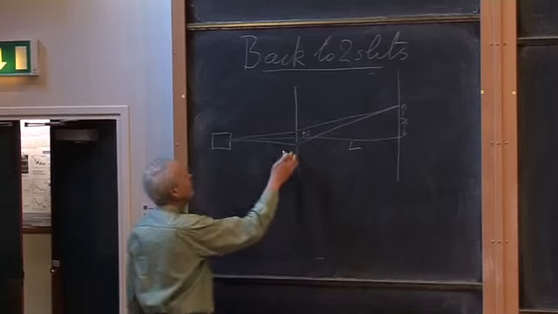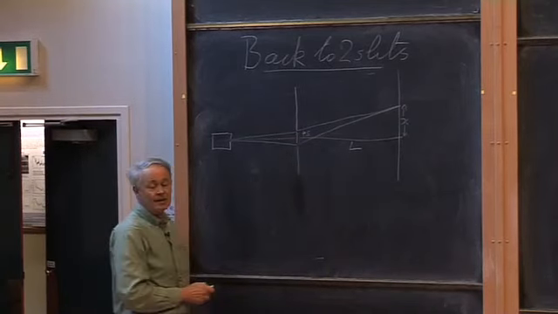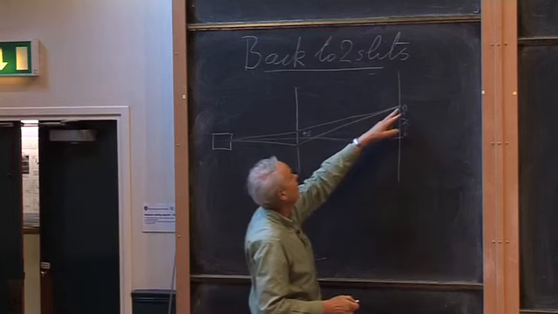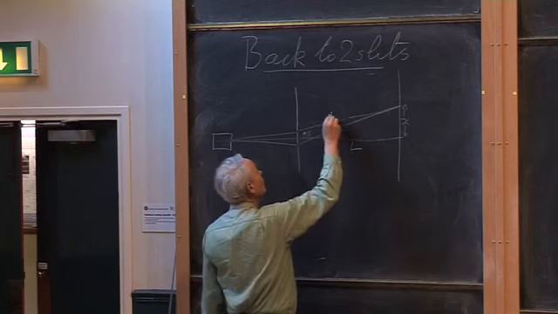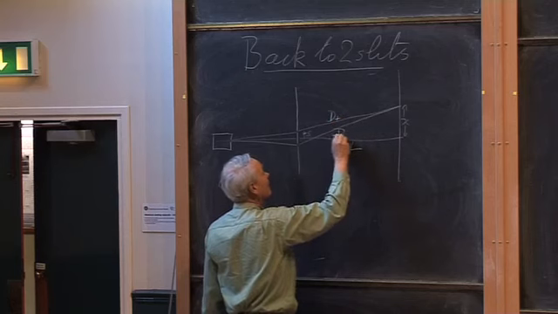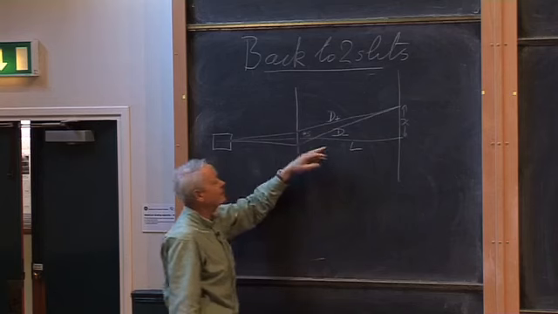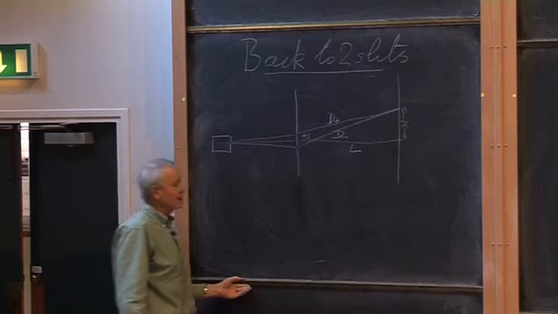The distance from the gun to the two slits by setup is symmetrical, is equal. So any difference in the amplitude that they come there is to do with the change in the amplitude when it goes along this route as against along this route. So let d plus be the distance from the upper slit to this place, and d minus the distance to the lower slit.